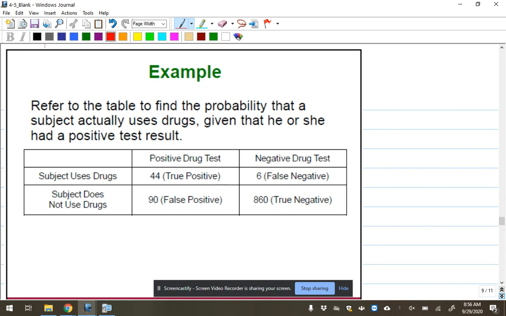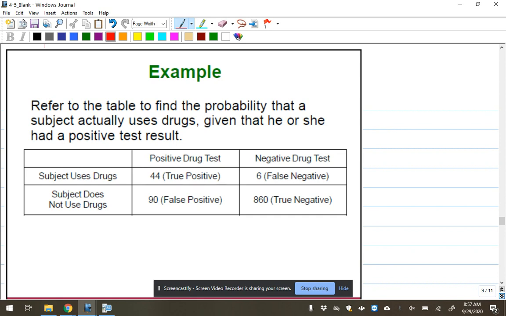What do we know about that? We want to find the probability that a subject actually uses drugs, given that he or she had a positive test result. So what does that narrow down our focus to? Only the positive tests. So where are the positive tests? The first column, the left column, right? Those are the only ones we're looking at.